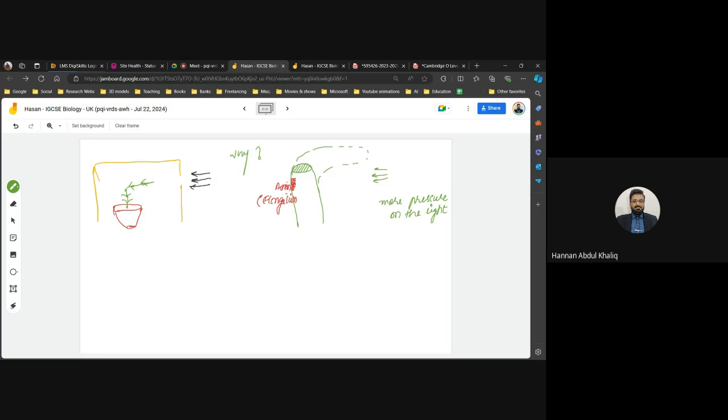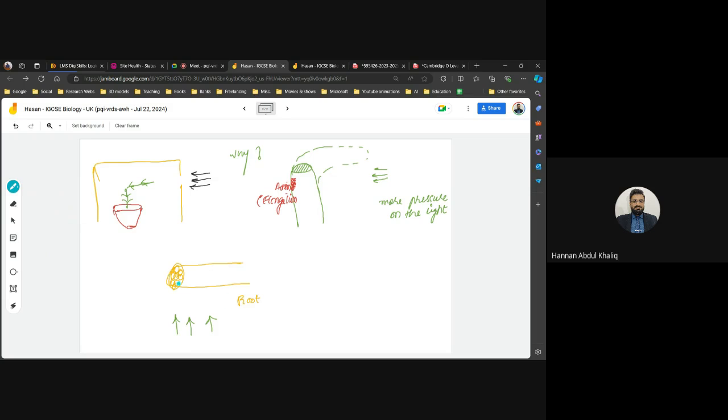Got it? Yes. But talking about the root, suppose this is the root, and obviously the gravity right now is only from below, and this is the root tip. Now, as I said, the auxin would accumulate at the point of highest gravity.